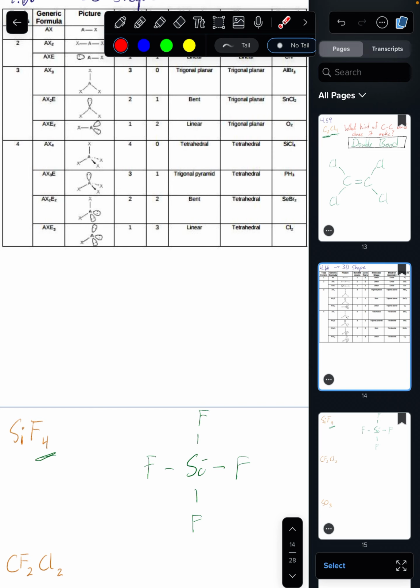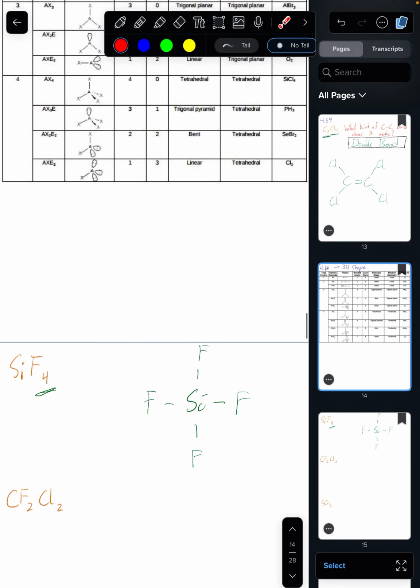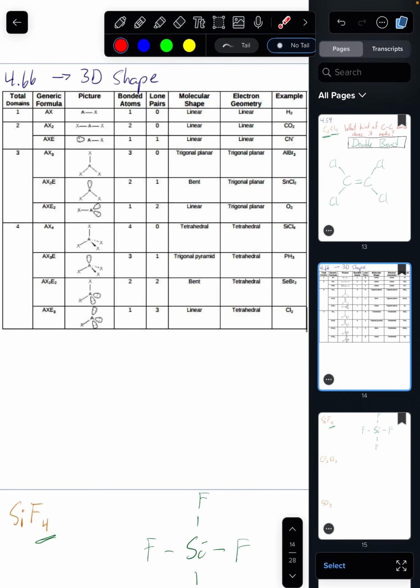So if we look, this one has 4 connections. It is just looking mostly for the amount of connections here compared to what the molecule does, okay?